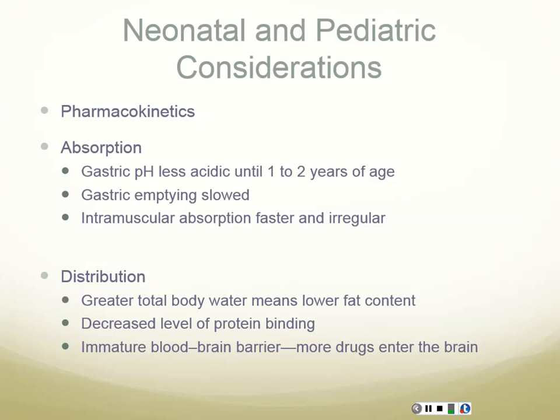Okay, neonatal and pediatric considerations. We need to think about pharmacokinetics. With these patient populations, we need to think about absorption. In these kiddos, the gastric pH is less acidic, so that can impact the absorption of a medication, especially if it needs to be delivered into a very acidic environment.